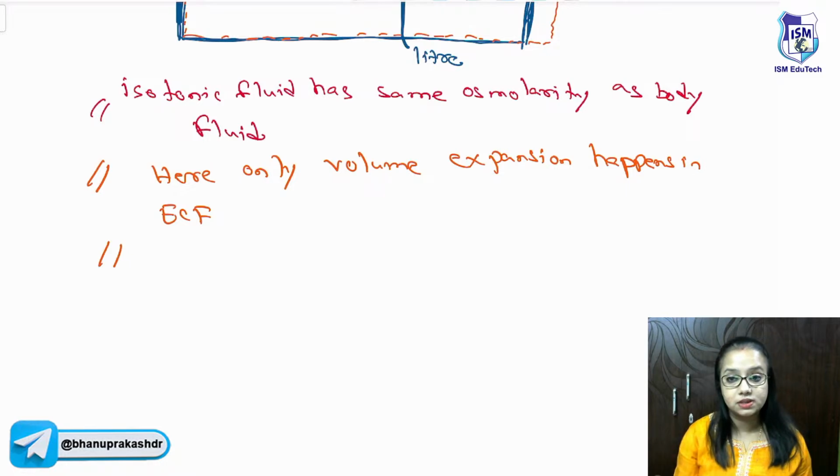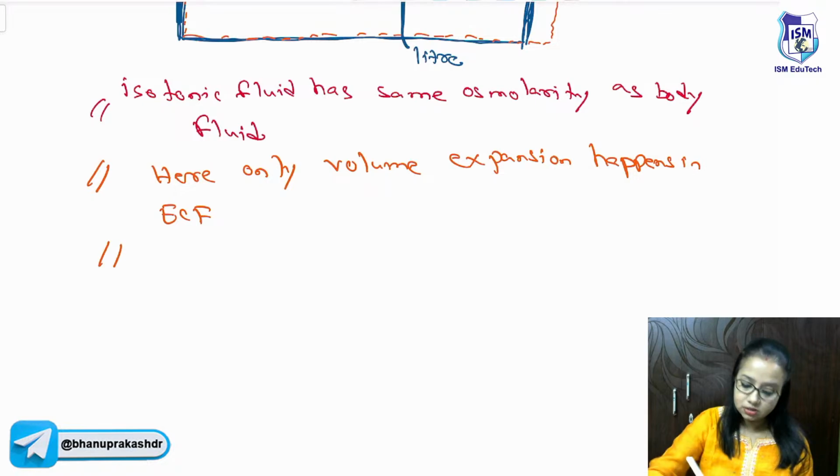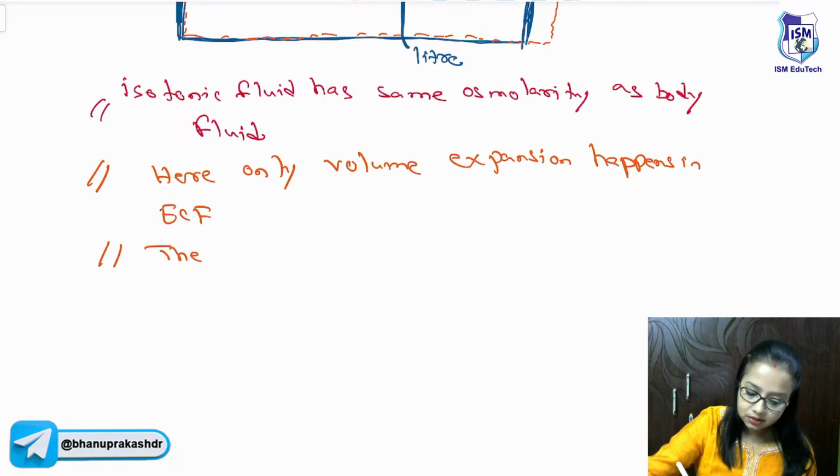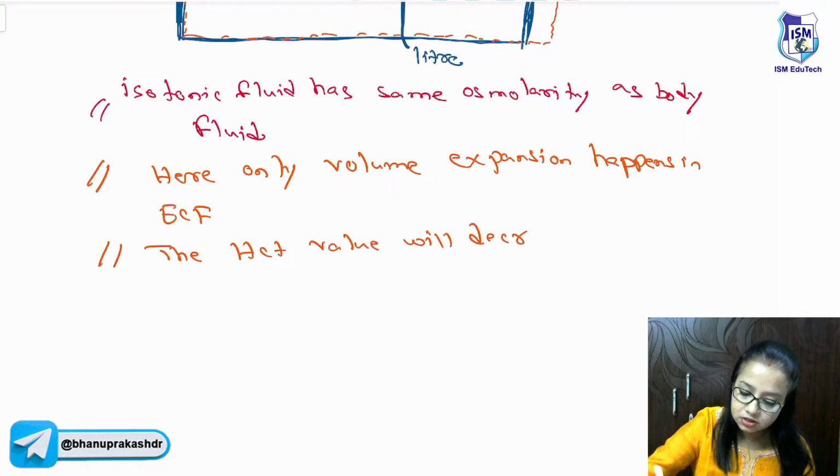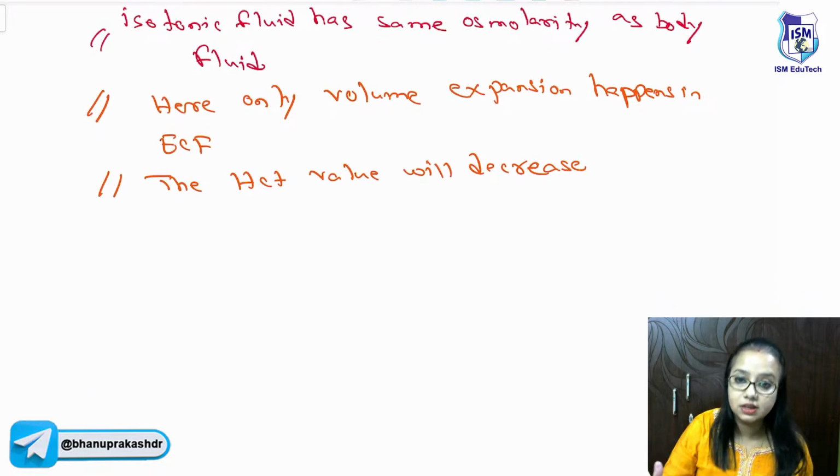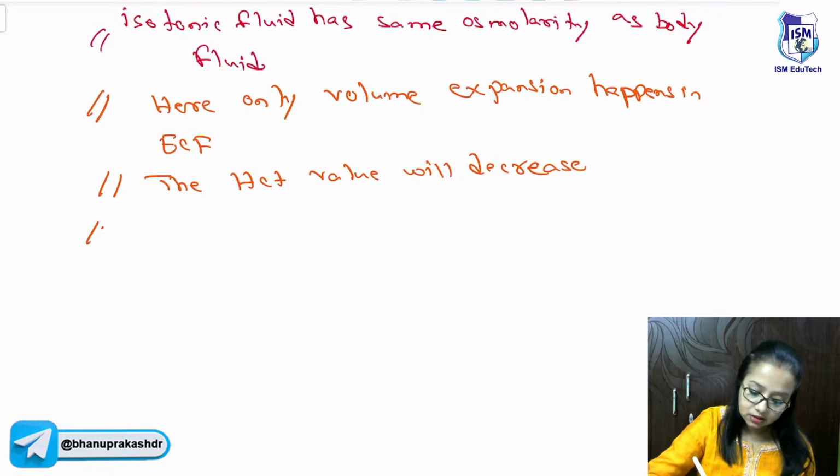So when there is volume expansion in the ECF, there is more liquid. Automatically the number of blood cells did not increase. So the hematocrit value will decrease, because now the blood will have more of the isotonic solution, more of the liquid portion than the cellular portion.